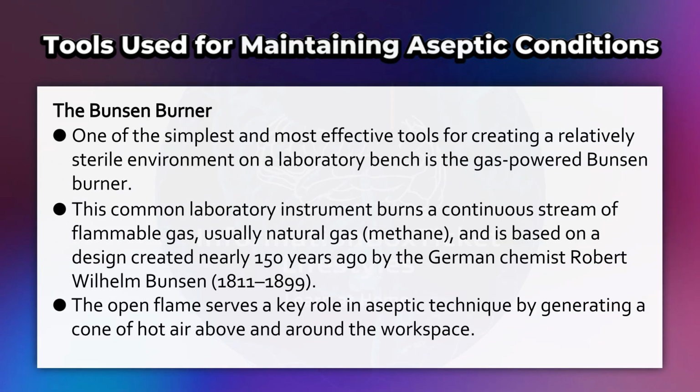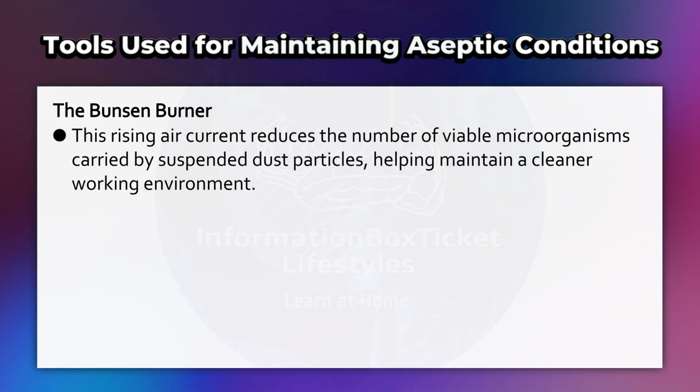The open flame serves a key role in aseptic technique by generating a cone of hot air above and around the workspace. This rising air current reduces the number of viable microorganisms carried by suspended dust particles, helping maintain a cleaner working environment.